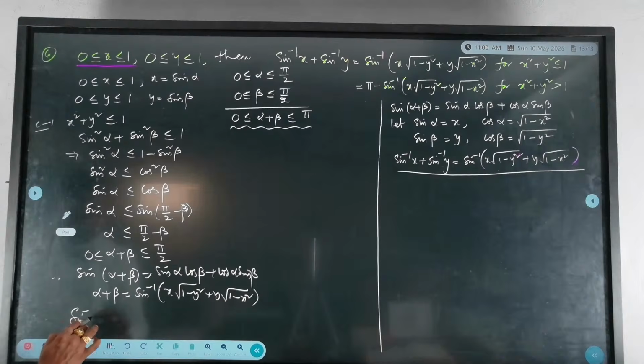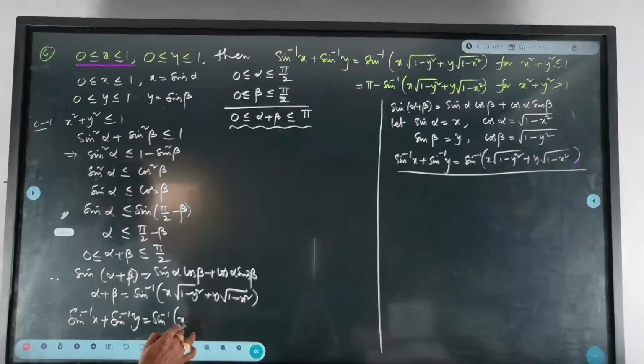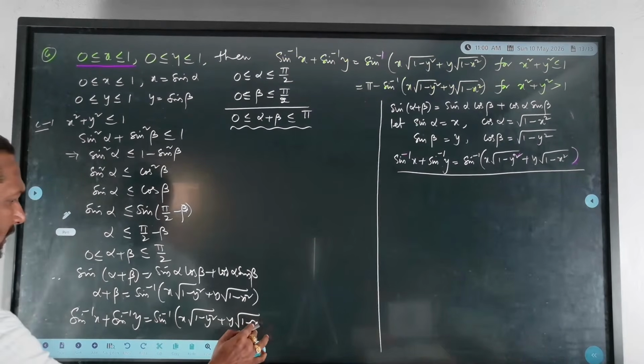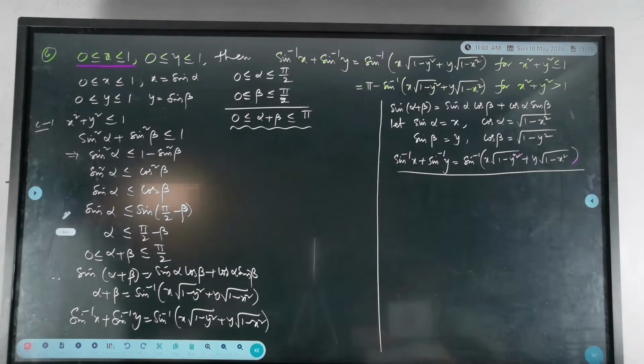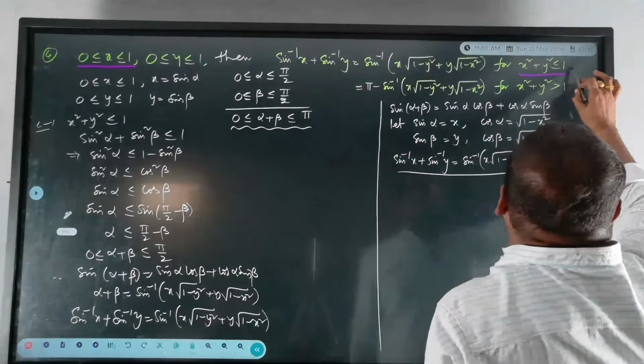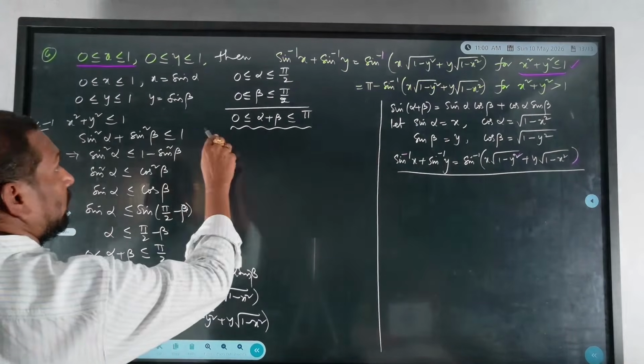Alpha means sin inverse x, beta means sin inverse y. So sin inverse x plus sin inverse y is equal to sin inverse of x root 1 minus y square plus y root 1 minus x square. So the first one, with this condition, is proven.